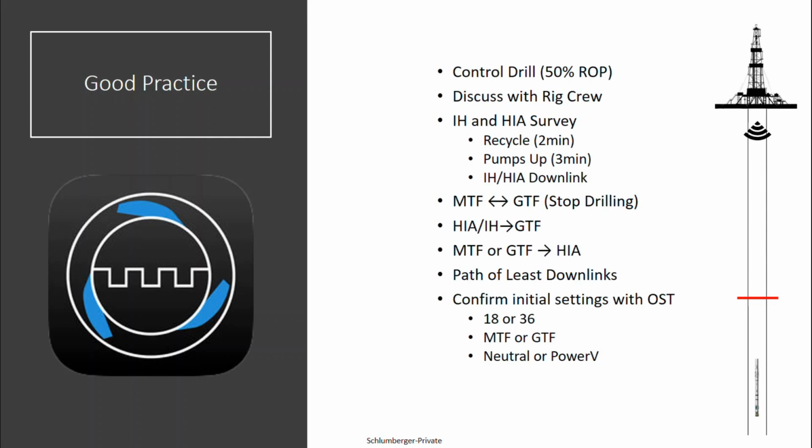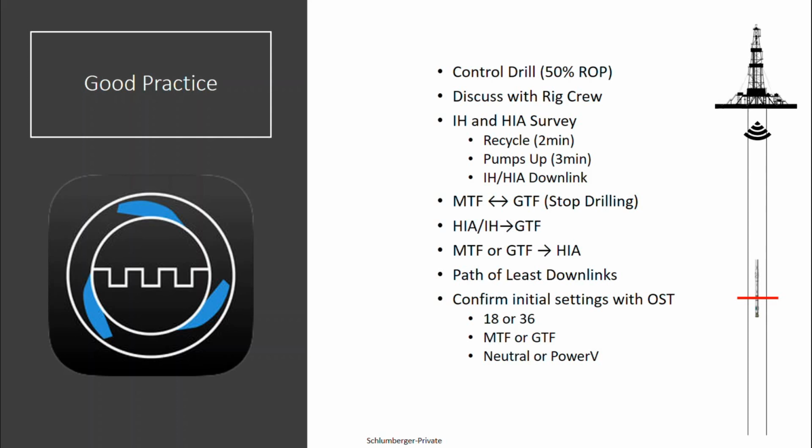So while your pumps are on, you will pull back to the survey station that you want, and you want your D&I package of your power drive to be there, which is roughly 8 feet behind the bit. So with your pumps on, pull back to that survey spot, drop your pumps for at least 2 minutes, then pick them back up and flow on it for 3 minutes or more.